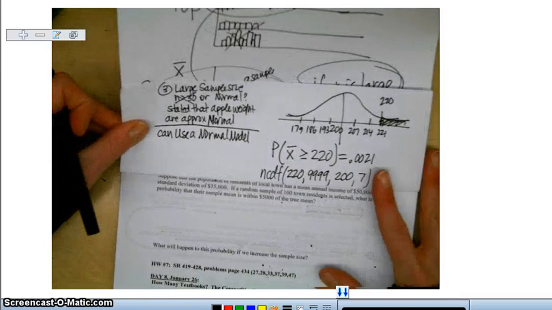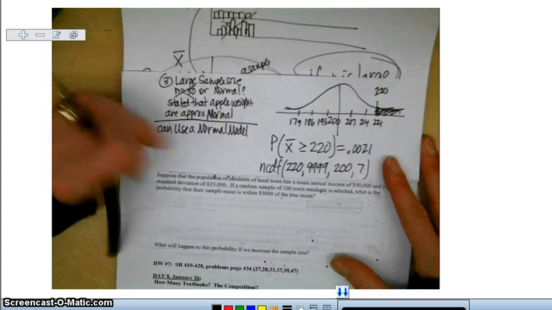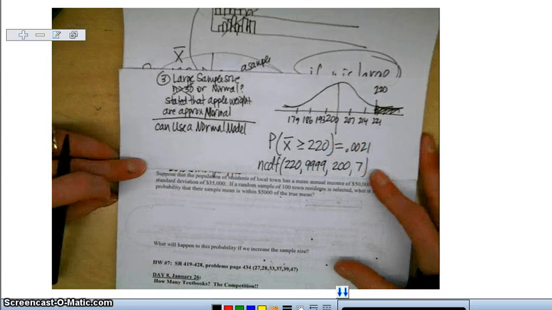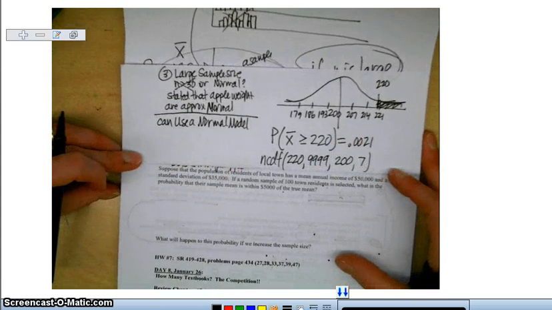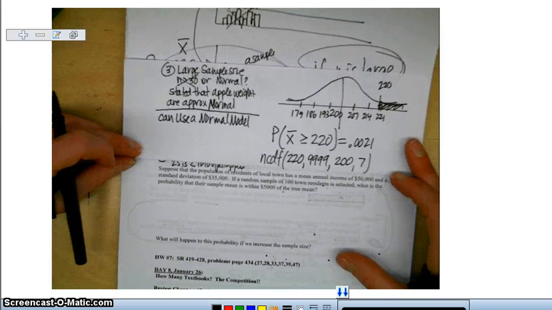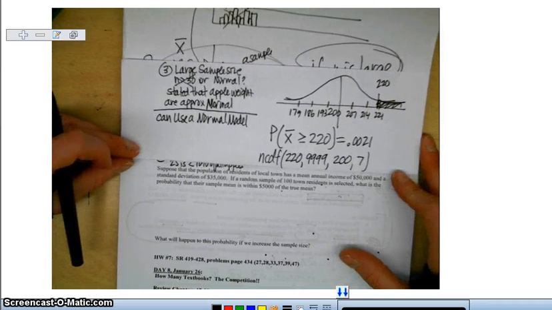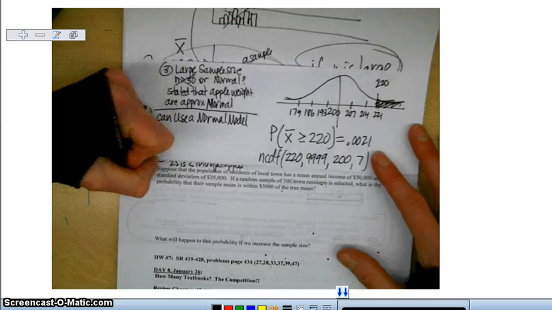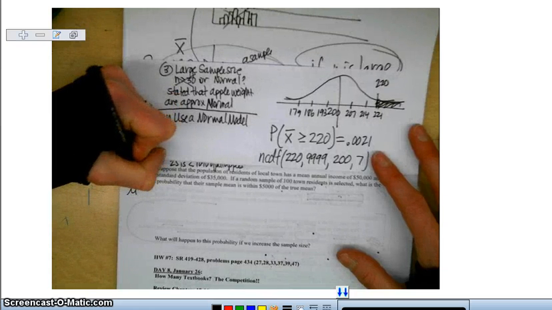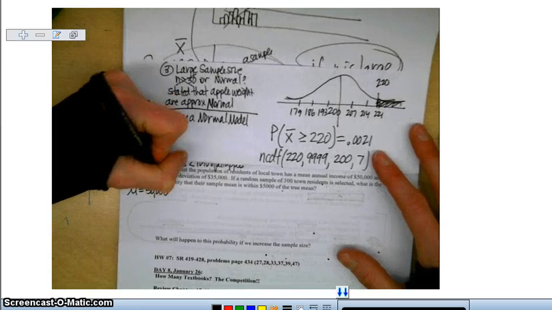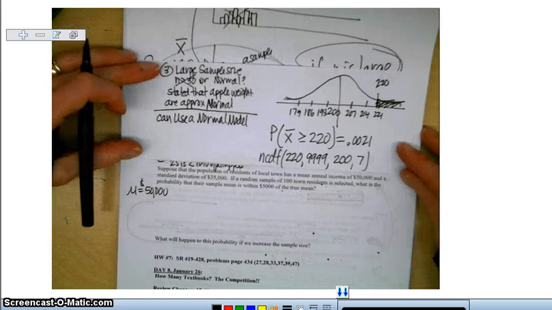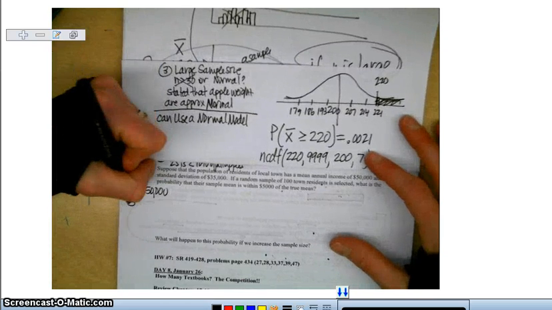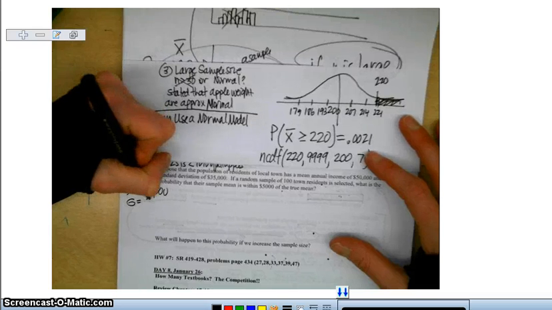All right, so now let's move on to this very last little question. Suppose that the population of residents of a local town has a mean annual income of $50,000. So mu is 50,000. That's the true mean. And the true standard deviation is 35,000.